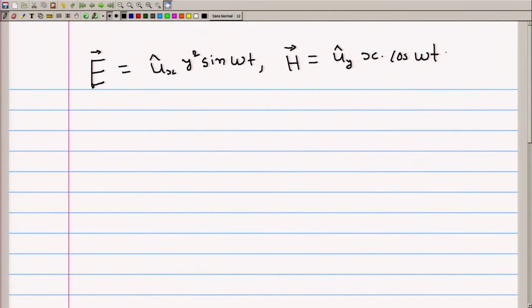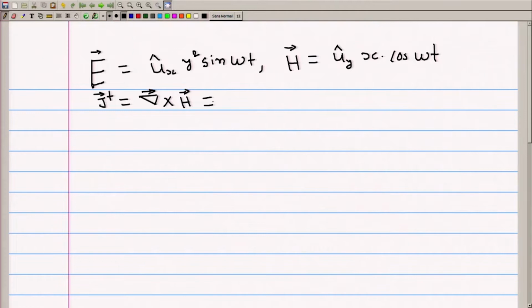To find J_t, the total electric current density, we can write J_t equal to del cross H.